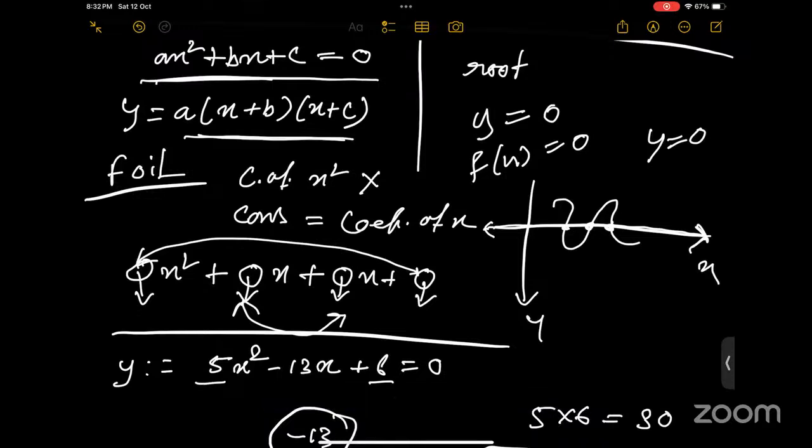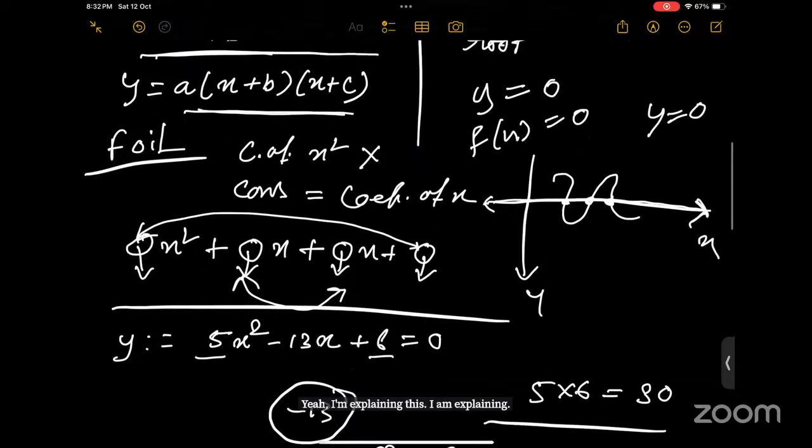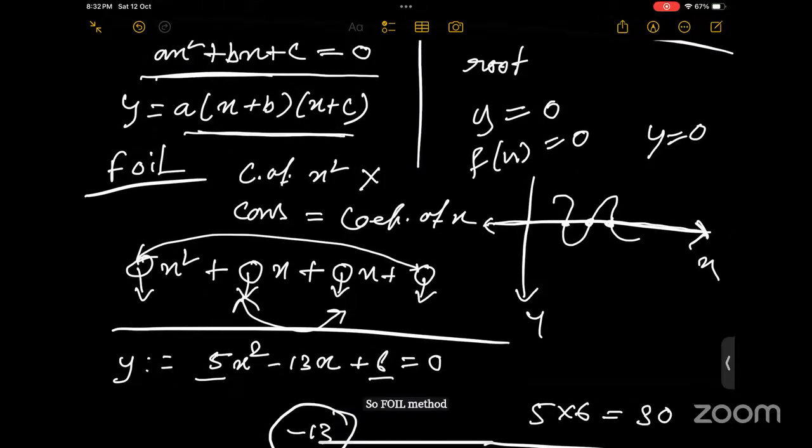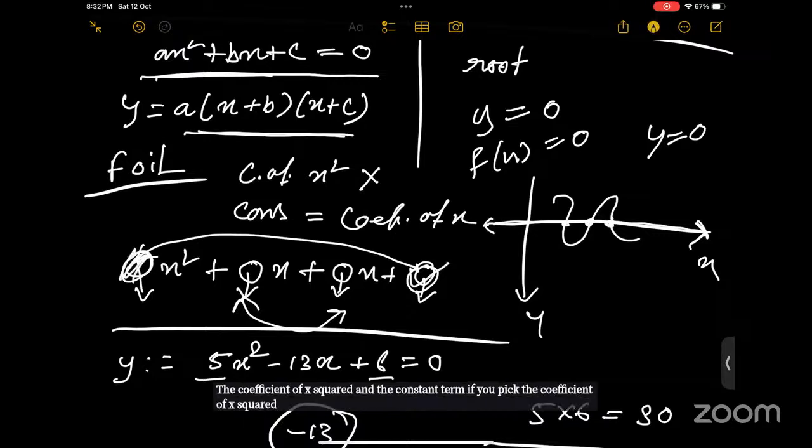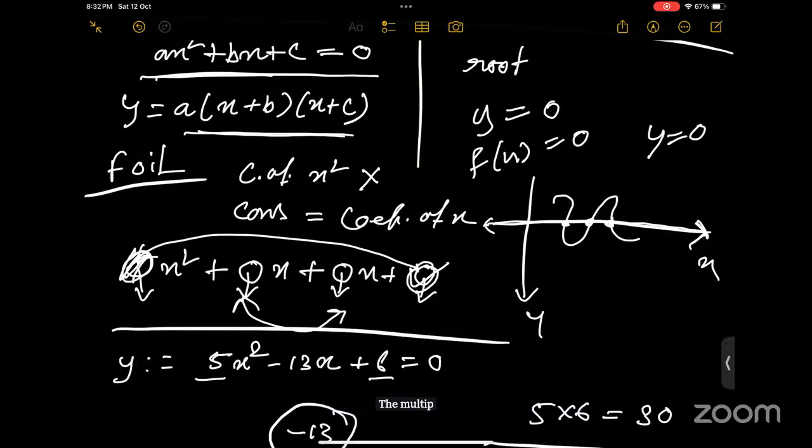Okay. So FOIL method, ma'am, can you basically explain this method? Yeah, I am explaining. So the FOIL method basically says, if you pick the coefficient of x square and the constant term and multiply them, the multiplication will be the same as the coefficient of x.